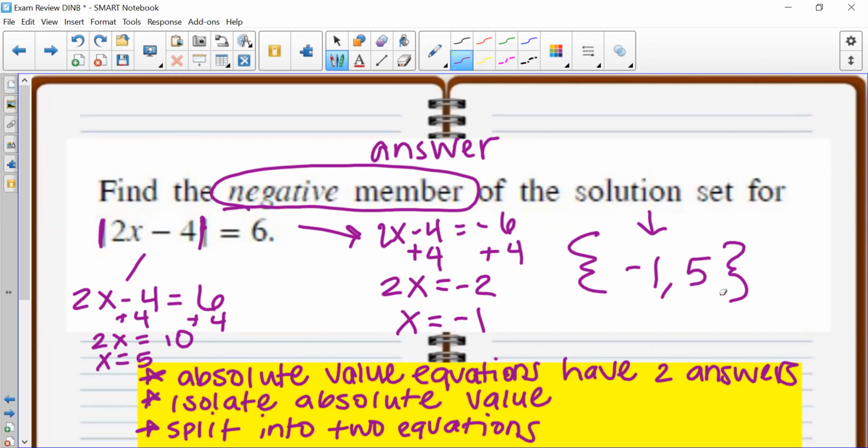So the only one of these answers that's negative is -1. So that's the one that they're asking for. So the answer for this problem would just be -1, since they're only asking for the negative. But again, if they were asking for the whole solution set, you would see it written in these curly brackets.